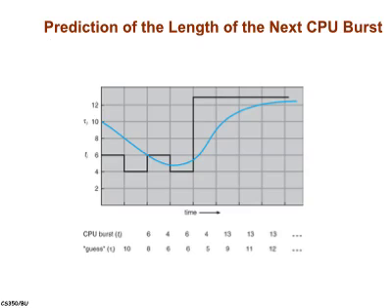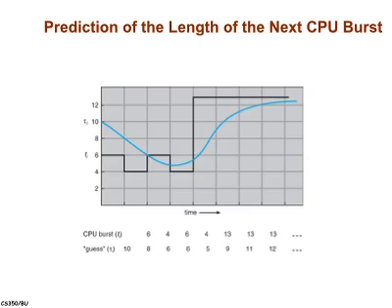So Ti represents the actual CPU execution burst, represented by the black line, and tau i represents the predicted CPU burst value. Initially, we start with some predicted CPU burst value, say 10, and it turns out that the process executes for only 6 time units. So next time we refine our prediction by lowering the prediction values.